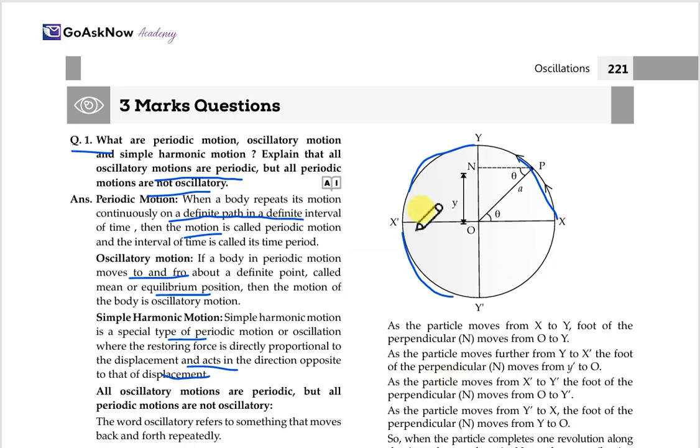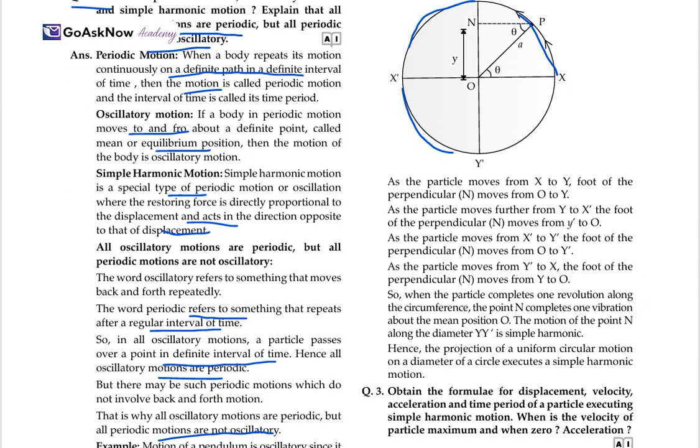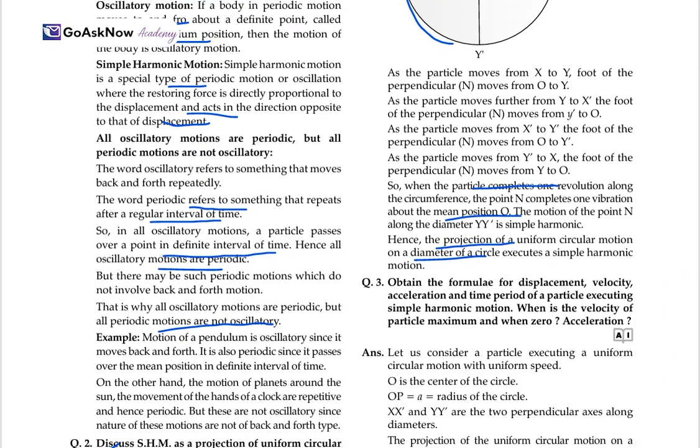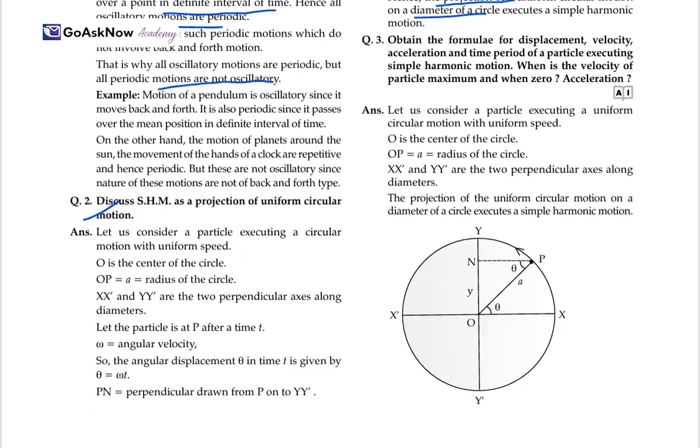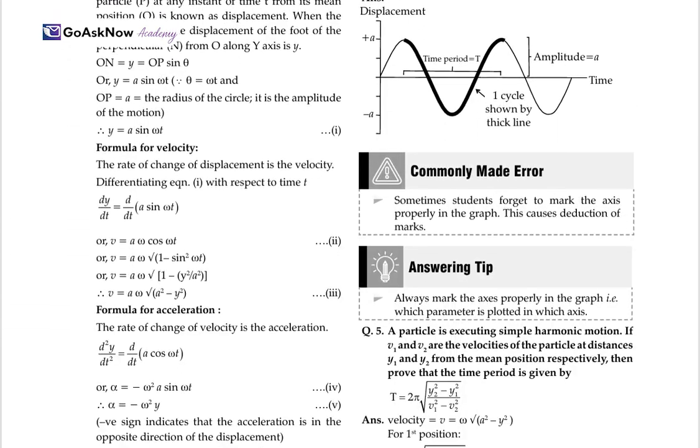As the particle moves from Y dash to X, the foot of the perpendicular N moves from Y dash to O. So when the particle completes one revolution along the circumference, the point N completes one vibration about the mean position O, and the motion of the point N along the diameter Y Y dash is simple harmonic motion. Hence the projection of uniform circular motion on a diameter of the circle executes simple harmonic motion. As we have already discussed, the diameter represents simple harmonic motion, so here it is proved.